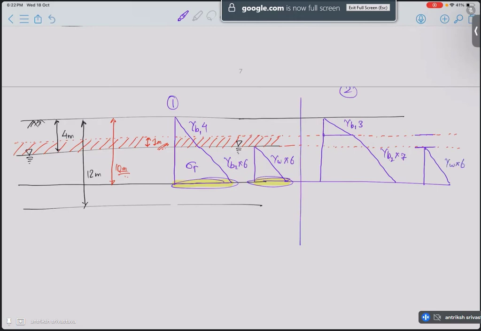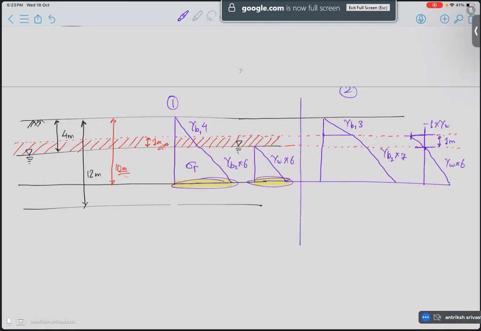But above that, from depth 3 to depth 4, that is the capillary range, the pore water pressure is going to be negative and it is going to be most negative at the top of the capillary fringe. That is going to be -1 into gamma W, 1 because the capillary depth is 1 meter.